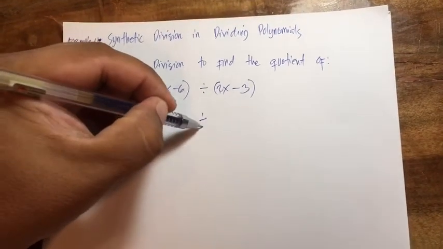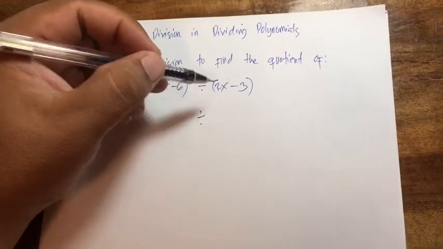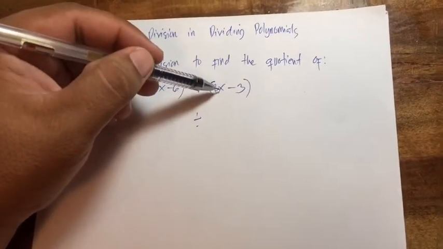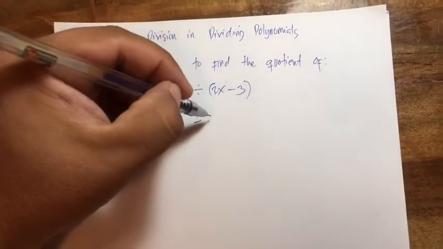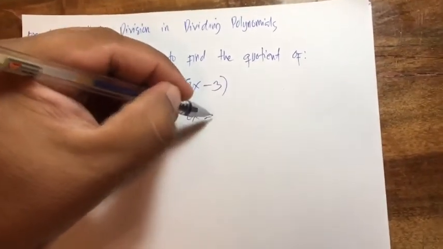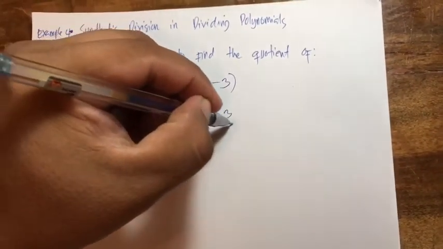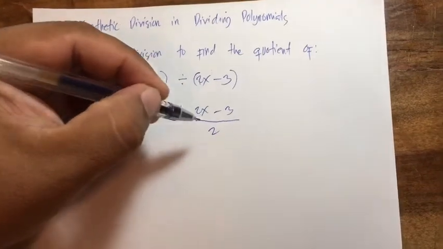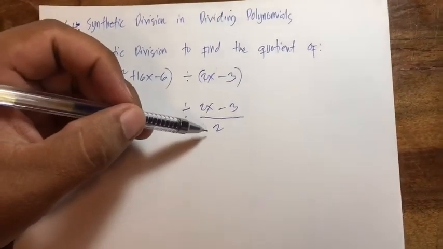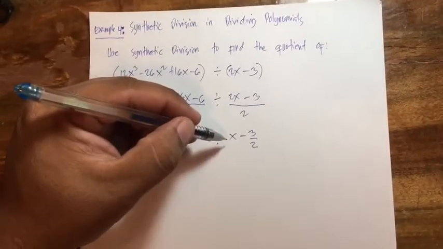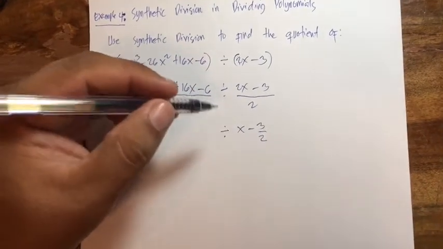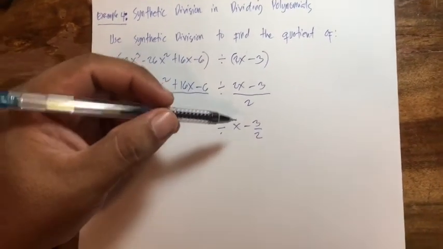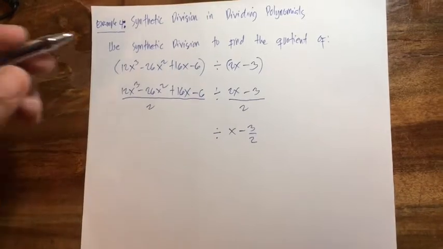So, in that case, we will divide the divisor by 2. 2x minus 3 divided by 2. Because in our description, the leading coefficient must be 1. Okay? Again, don't worry about that.